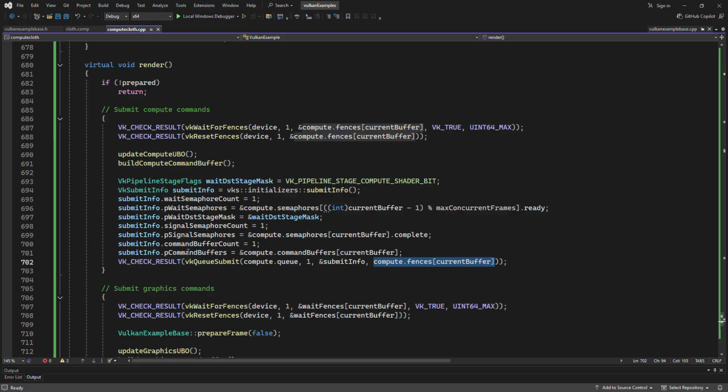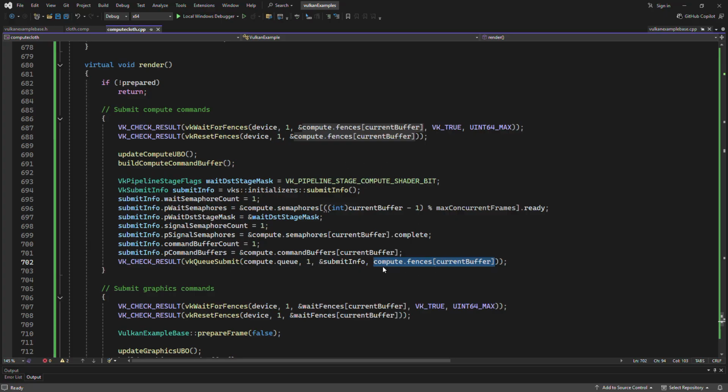So for the compute submission, we're submitting compute work to the GPU, and we explicitly outline compute.fences, right? So we have our fence here. We did all of this work up here to basically say, okay, we're going to set up our vkQueueSubmit, and we're going to add in our fence that helps us organize the submissions from the CPU to the GPU for work to be done, okay? And we notice that we explicitly add it to the call.